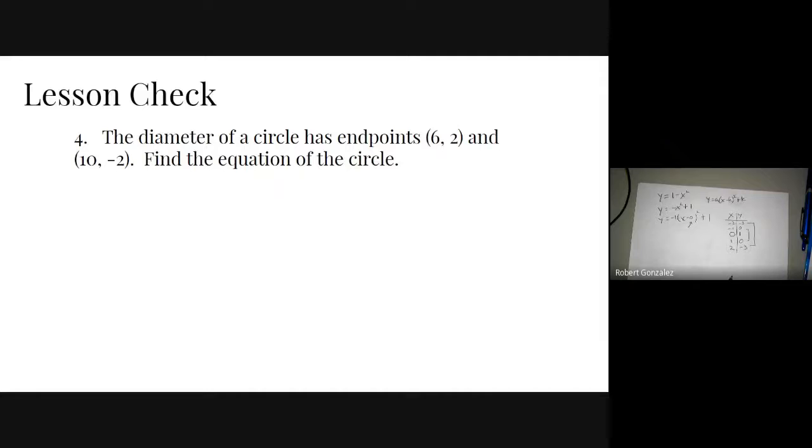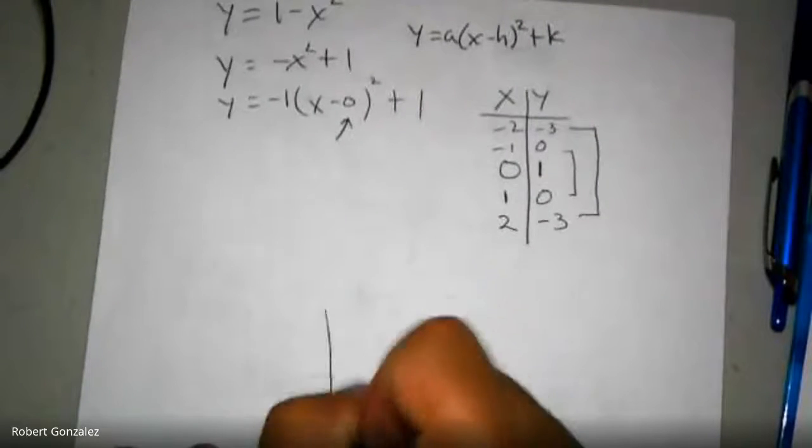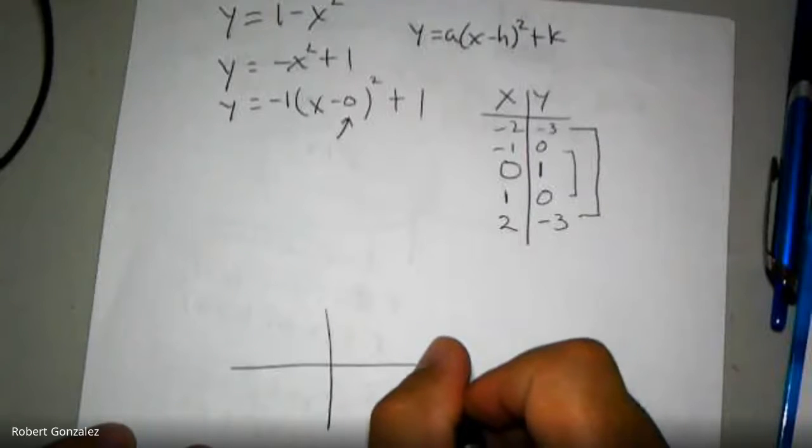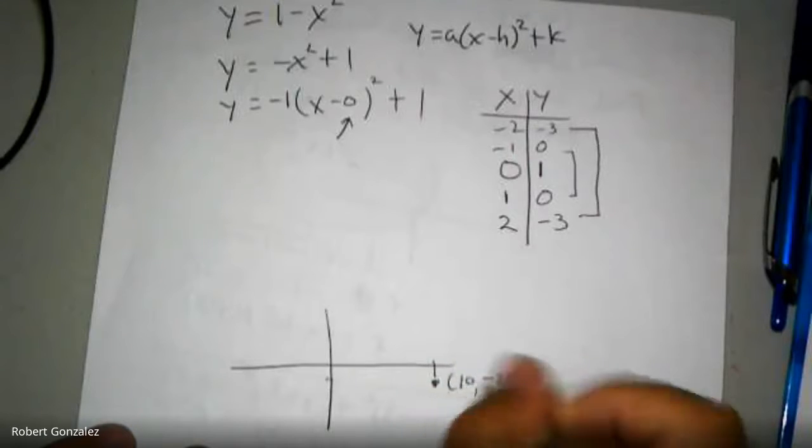Well, we need a center and we need a radius. Okay, and I'm going to go to the paper for this one. (10, -2) and (6, 2).